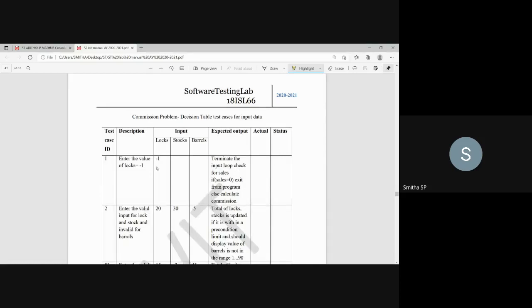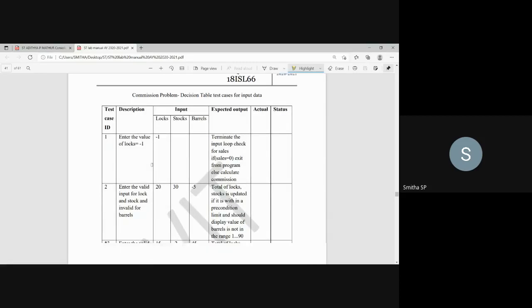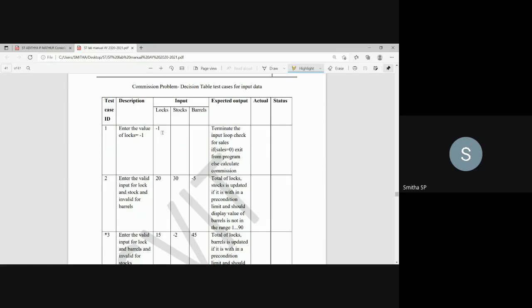The logs value was given as -1, so according to rule 1, for that -1 logs value, what is the output, that is, what is the action in the decision table? Action 1, that is terminate the program, terminate the loop. That is one action, and then go for the sales calculation, and then move to the commission calculation decision table. So there were three actions marked.